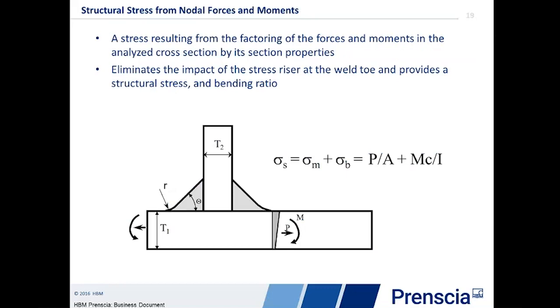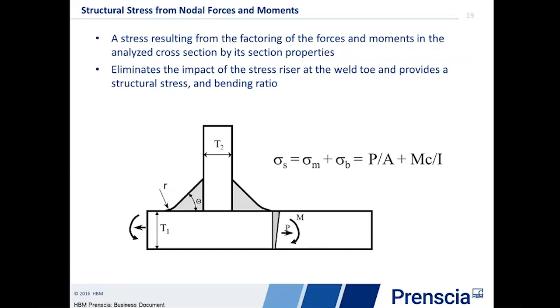A third popular approach is looking at structural stresses calculated by nodal forces. Here, invoking things like equilibrium, we take the forces and moments along a line at the weld from the node points in the FE model and use those with simple stress calculations, such as P over A, MC over I, to calculate a stress at the weld toe location that is independent of the weld toe geometry.